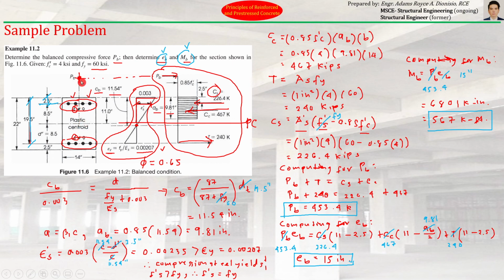Okay? Dapat mag-apply tayo ng load na 453.4 at an eccentricity equal to 15 inches from the plastic centroid para mangyari yung balance condition na to. Okay? So, if that will happen, the corresponding bending moment that it will produce is equal to 567 kip feet. Okay? So, this is the balance condition for this particular problem.